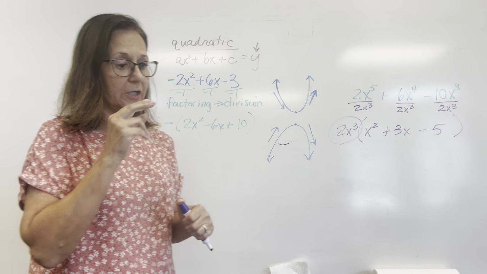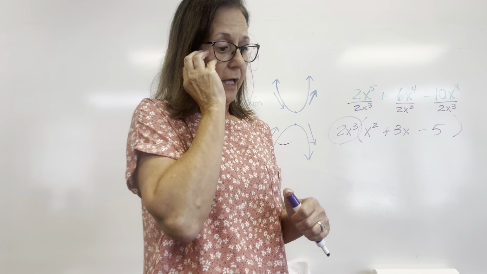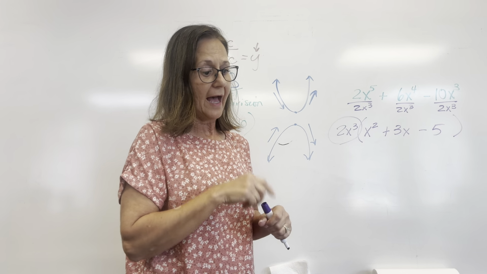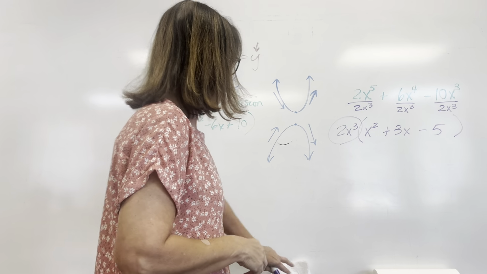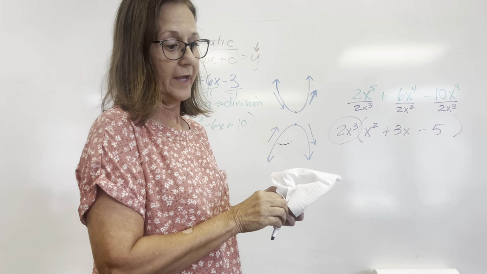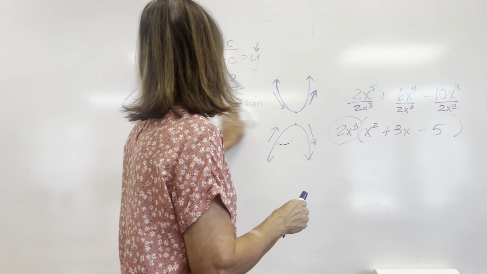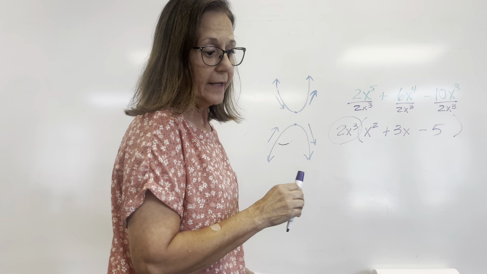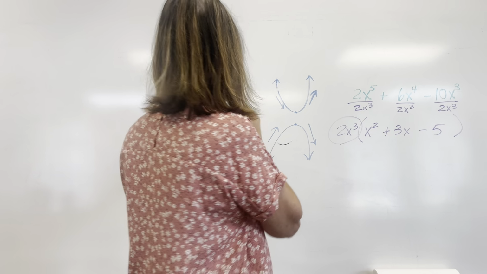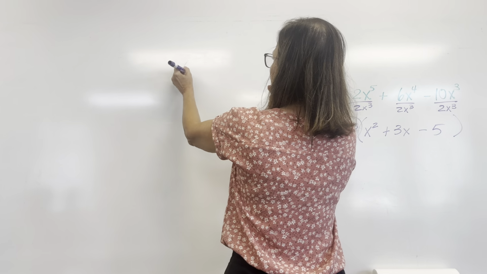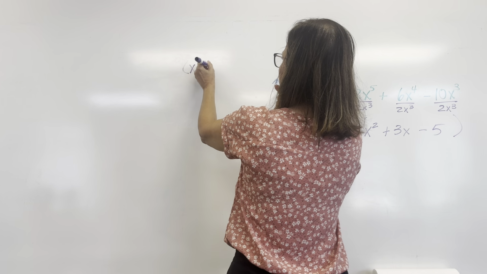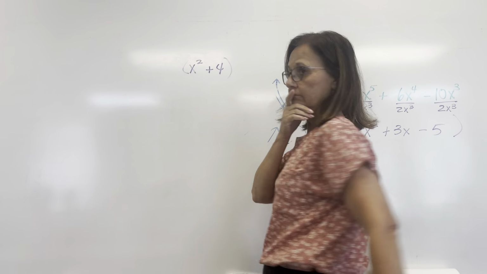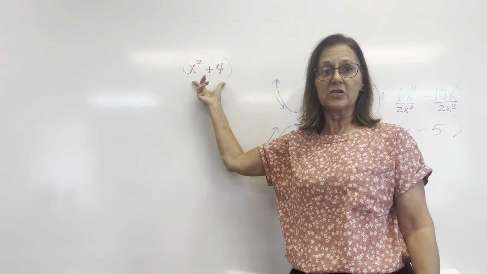All right, so look at step 2. If I have the sum of squares, they are not factorable. So, if I have like x squared plus 4, those are two perfect squares.